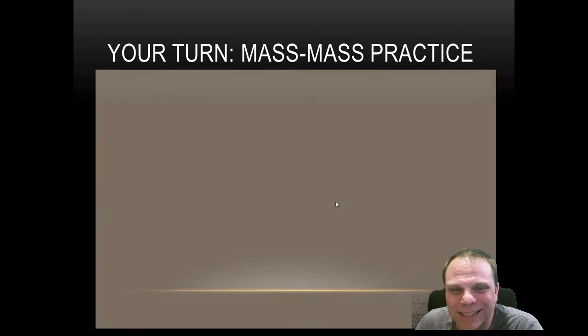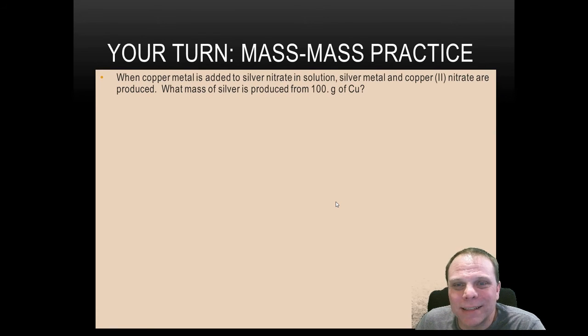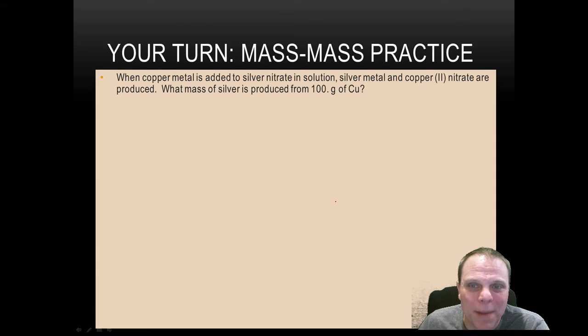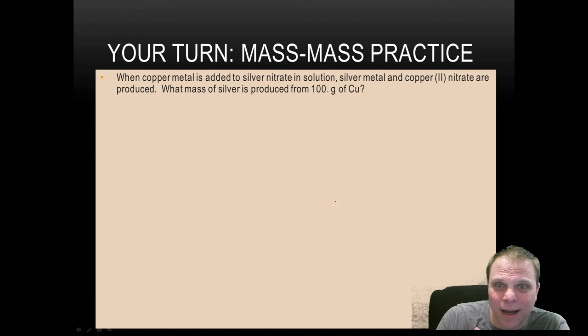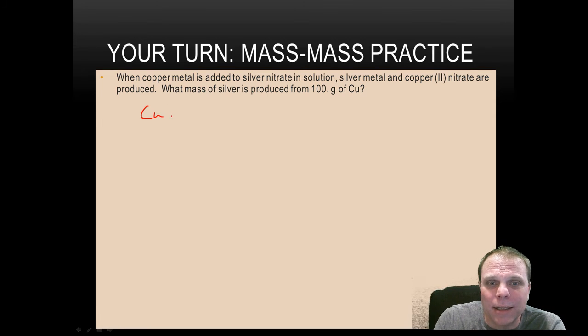Mass to mass practice. When copper metal is added to silver nitrate in solution, silver metal and copper 2 nitrate are produced. What mass of silver is produced from 100 grams of copper? Should you be able to figure out that equation on your own? I think so. Copper metal, a solid, is added to silver nitrate, which is a solution, so it's aqueous.